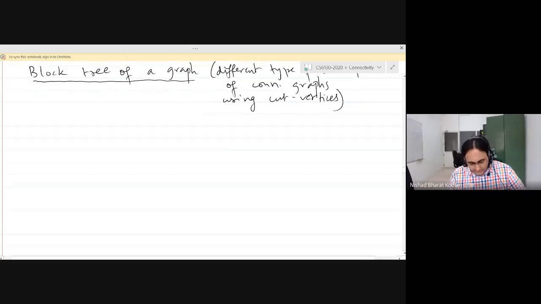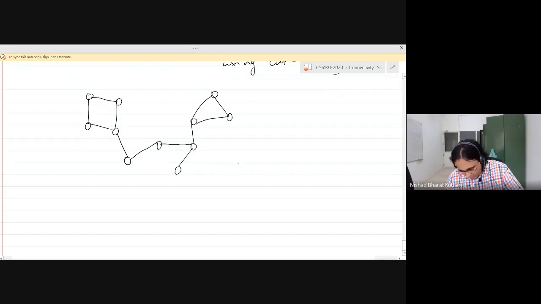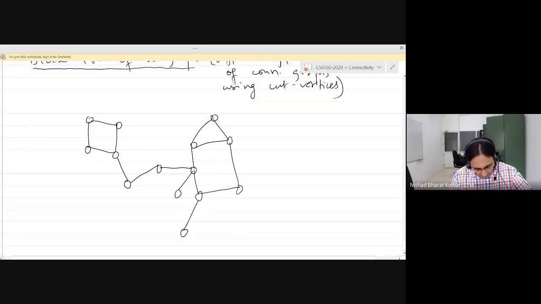So supposing you have a graph that is not too connected. I'll give you one example. Then what can it look like? Let me give you one example here. Okay. So here is a graph that is not too connected.